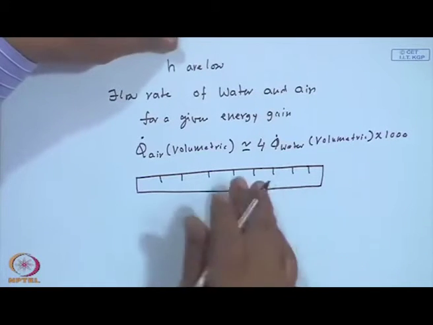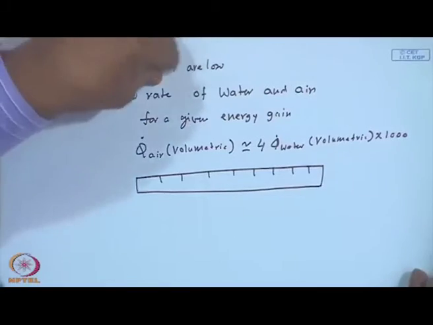That again will increase the pressure loss, so in spite of the fact that it may gain comparable energy to that of a liquid heater, you may have to spend more pumping power, and pumping power is a higher grade energy, which will require 4 times or 3 times the thermal energy through a coal burnt or somewhere, etc. This is one aspect one has to keep in mind while designing air collector systems, which we will come to a little later.